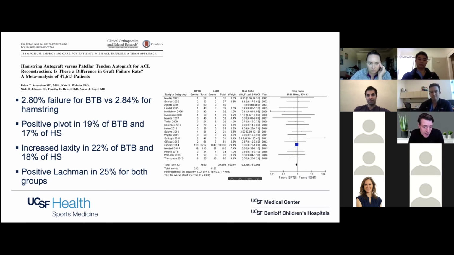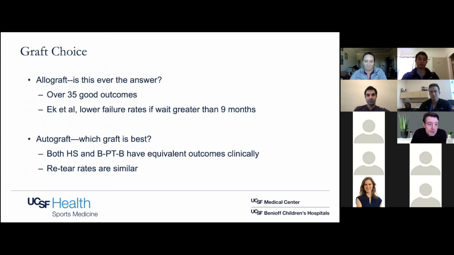But for the traditional treatments, BTB versus hamstrings, there's not a lot of difference when you look at the older data. If we look at the generally accepted conventional wisdom, 35 is your cutoff for allograft. If you're going to use autograft, you can use either one.